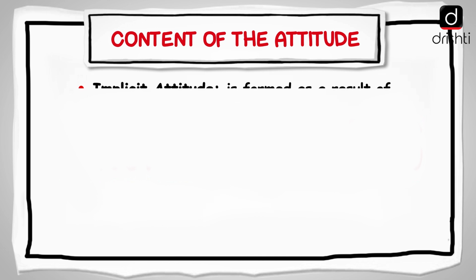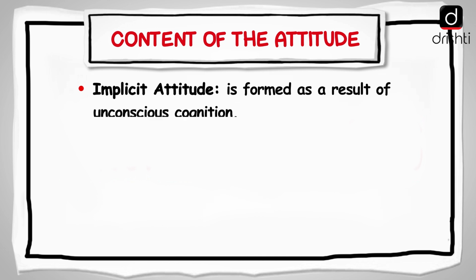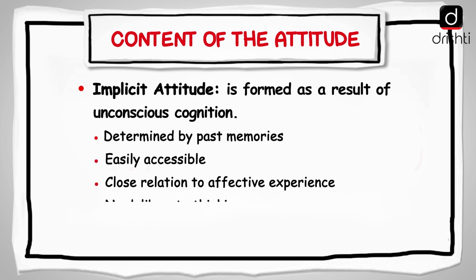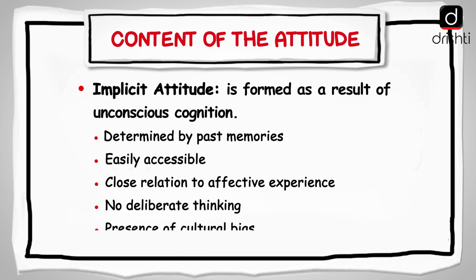While on the other hand, implicit attitudes are formed as a result of unconscious cognition, which means determined by past memories, easily accessible, close relation to affective experience, no deliberate thinking, and presence of cultural bias.